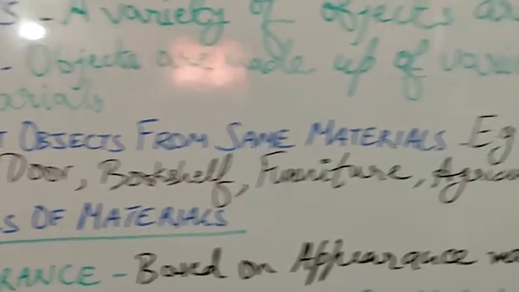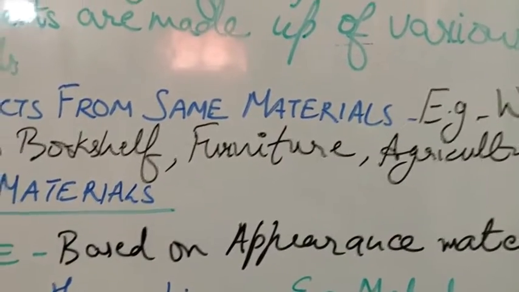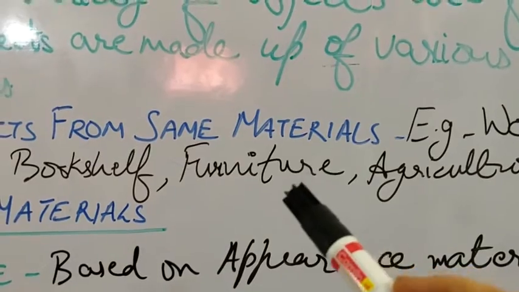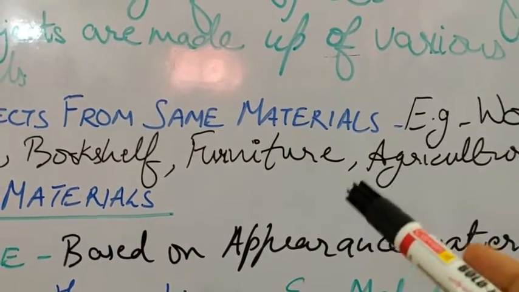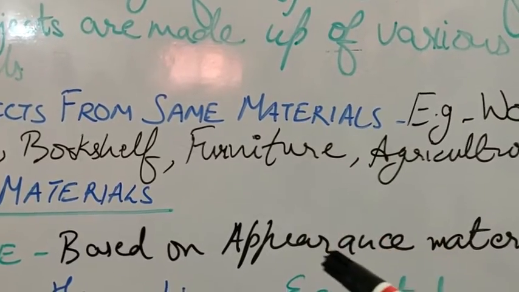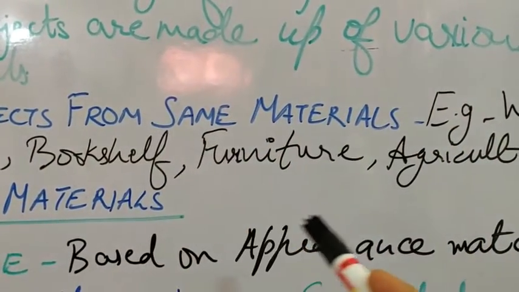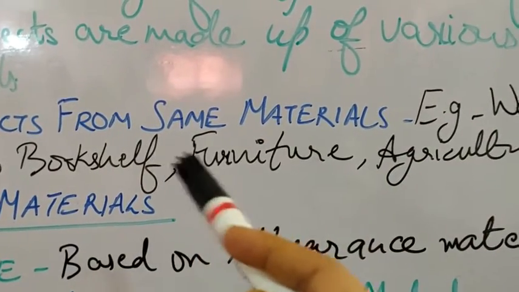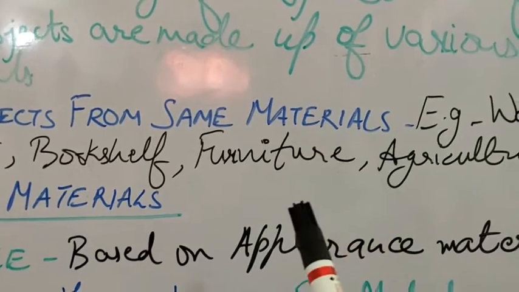In the same way, when we come to furniture, furniture is an object, and this furniture can be made up of wood. Furniture can be made of plastic. Furniture can be made of metal. So furniture is one object which is made up of different types of materials.